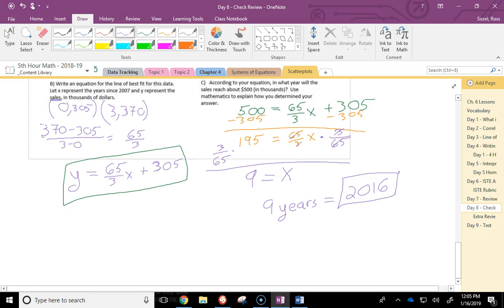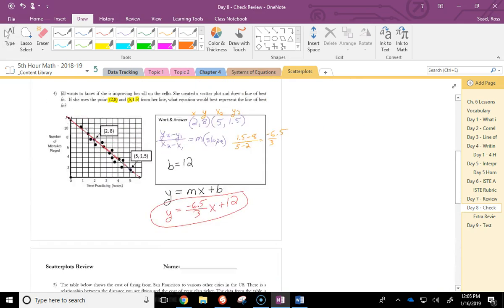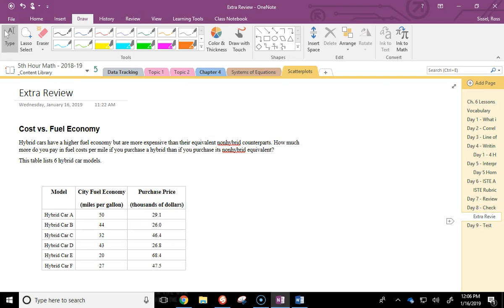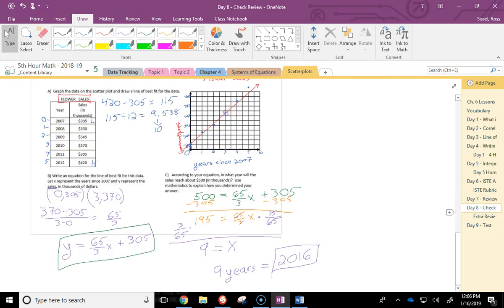Okay, here's what you're going to do for me. That's this review. If you didn't have yours done, you can come show me all the work. For tomorrow, for your bonus, which you can work on right now, on OneNote, here was our day 8 where we did the work on my content library.